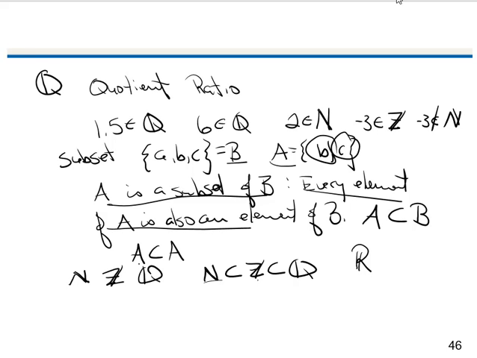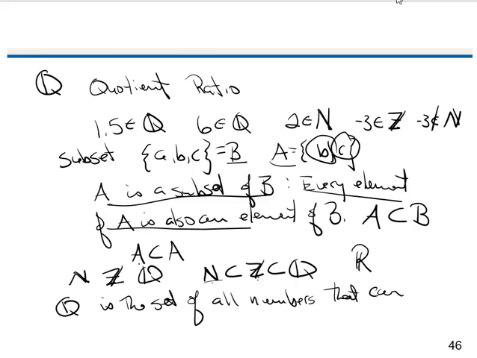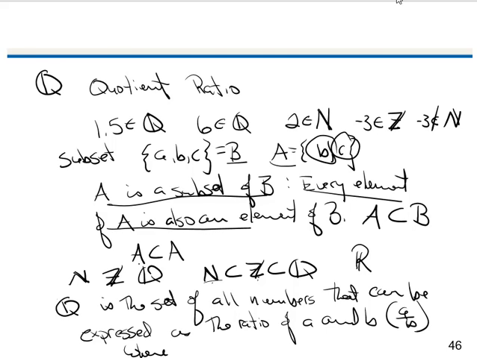So we have N is contained in Z, and Z is contained in Q, but we might ask, what was the definition of Q? Q is the set of all numbers that can be expressed as the ratio of A and B. That means A over B, where A is in Z and B is in Z. So we might say, are there any numbers that can't be expressed as the ratio?